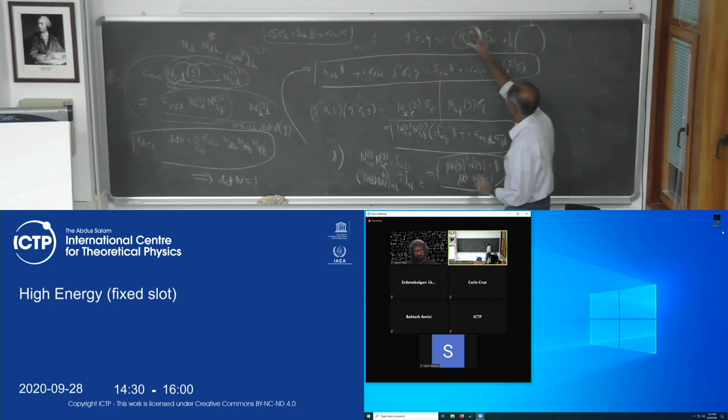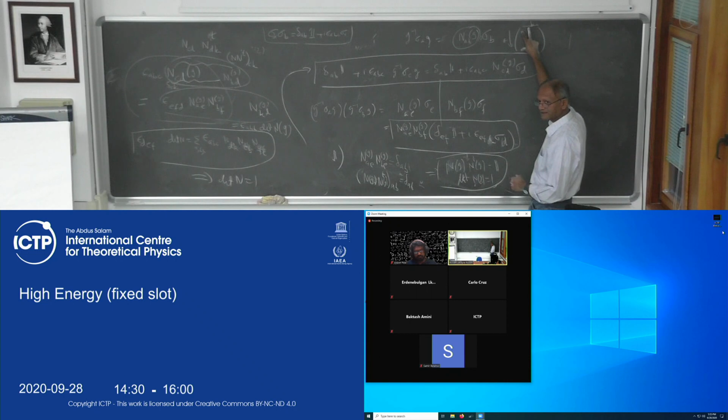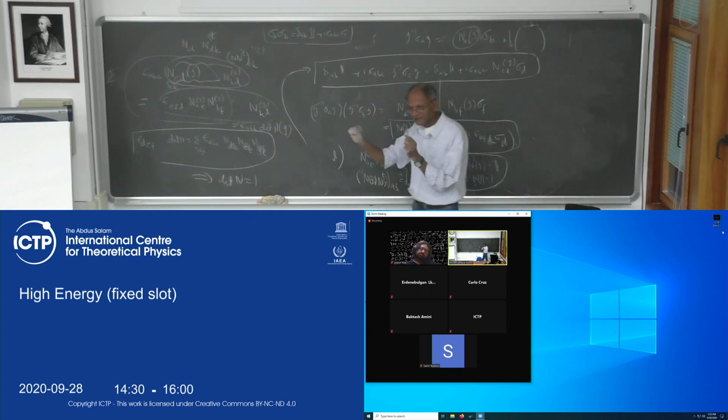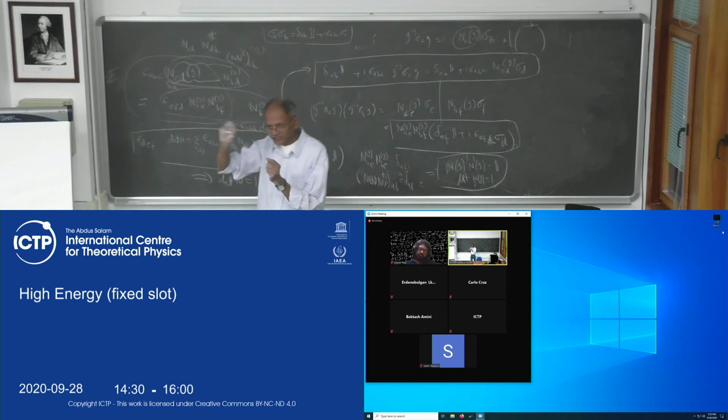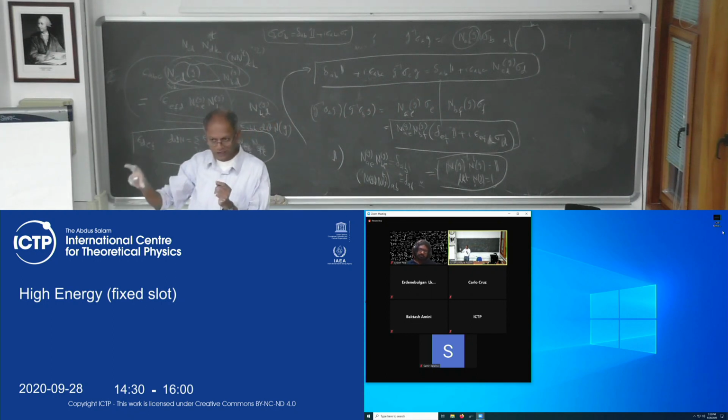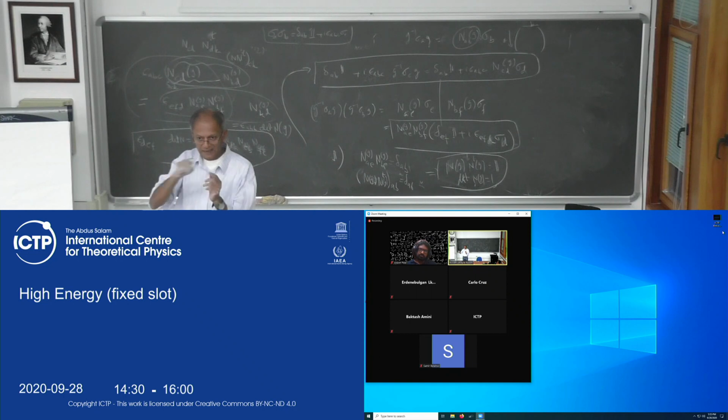For every G, we have a 3 by 3 matrix, which is an orthogonal matrix. So what we are saying is that for every G, we are associating an SO3 matrix. Right? So this is a map from SU2 to SO3.